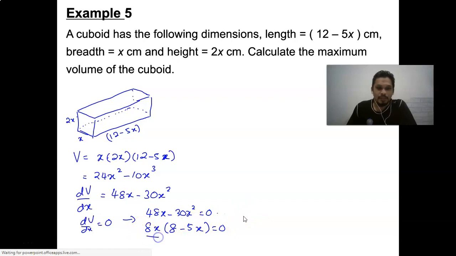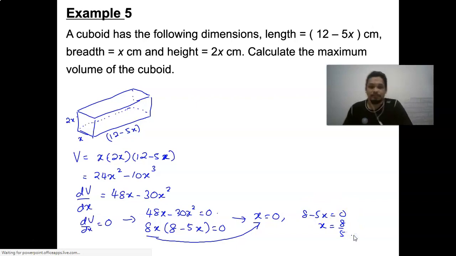So from here, it gives that x equals 0. And from 8 minus 5x equal to 0, then x equals 8 divided by 5. So this gives us the value of x, which is 8 over 5.